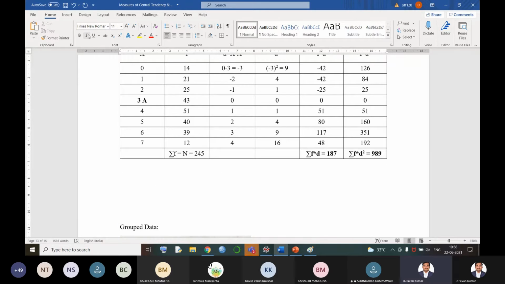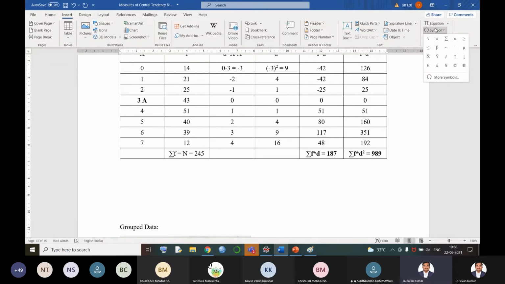Let's substitute these values into our formula. Square root of, we have two expressions here.